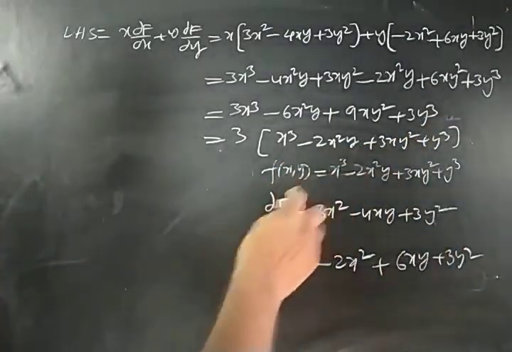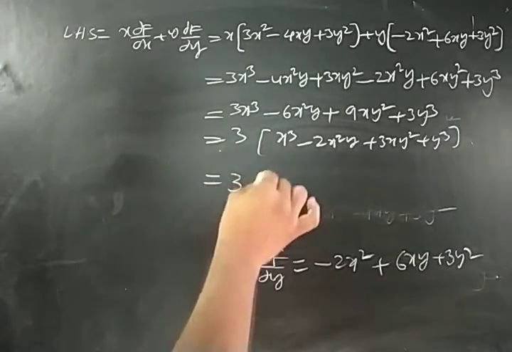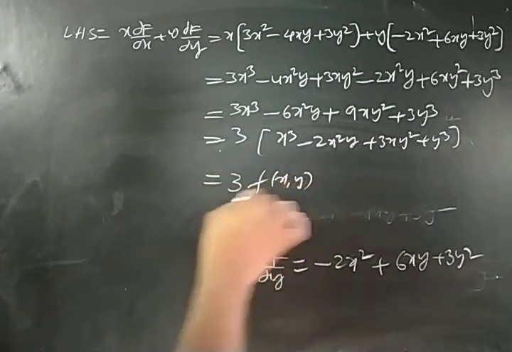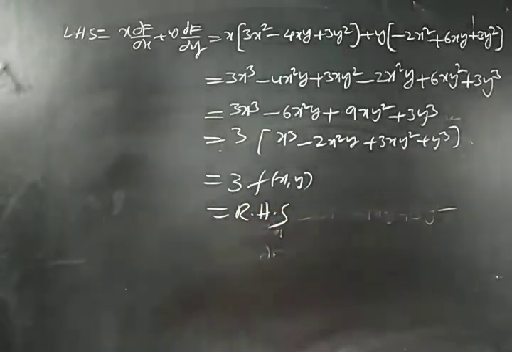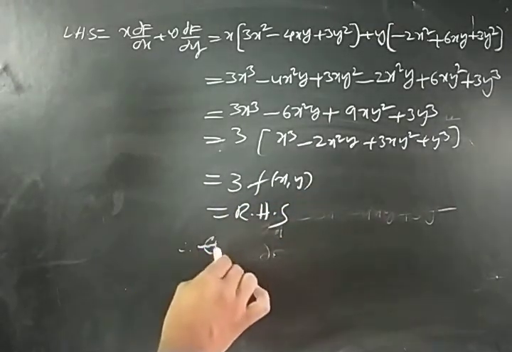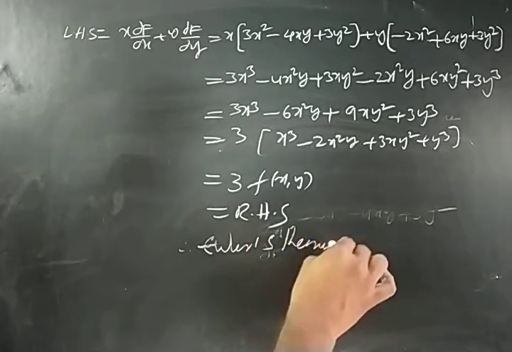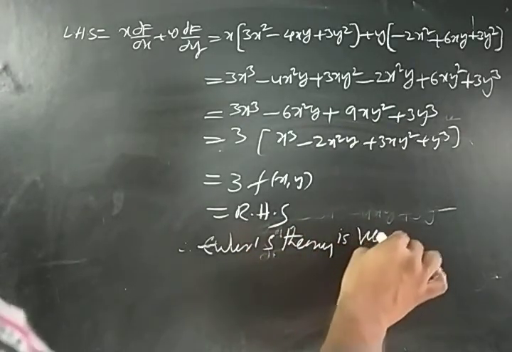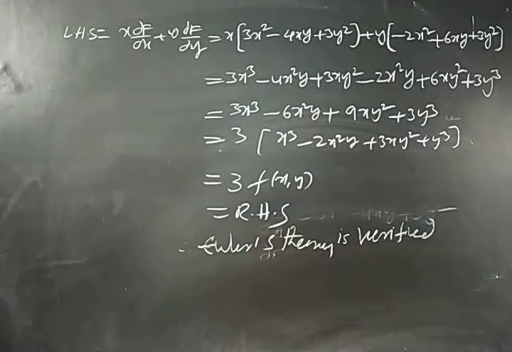See, this function is equal to f of x comma y. So this is 3 into f of x comma y, which is equal to the RHS. Hence Euler's theorem is verified. In a similar way, you can solve the remaining problems in the exercise.